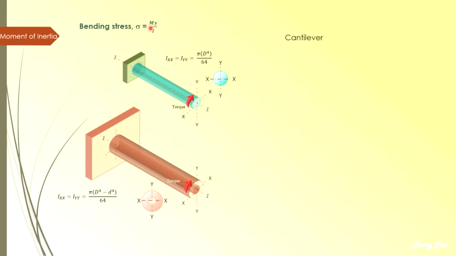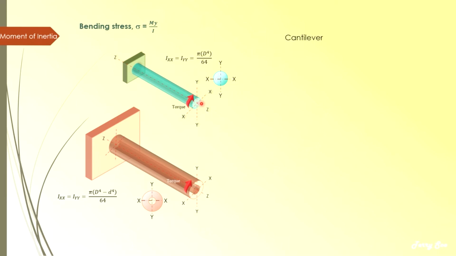Now, for the bending moment, we have to refer to cases of how the shaft is being supported, whether it's cantilever or simply supported, and what type of load is acting on the shaft. Because usually the shaft is mounted with gears, pulleys, or flywheels, which have weight acting on the shaft that causes the shaft to bend.